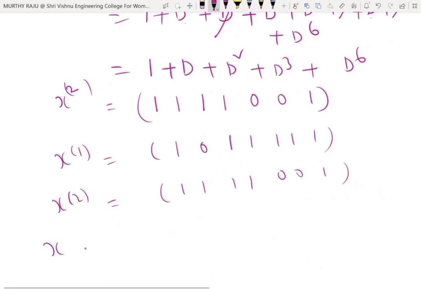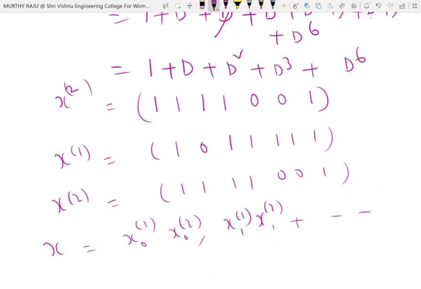Therefore, the output of the convolutional encoder x is equal to x of 1, x of 2, and x of 1, x of 2, and so on. x0, x0, x1, x1, like that. These two bits are grouped.